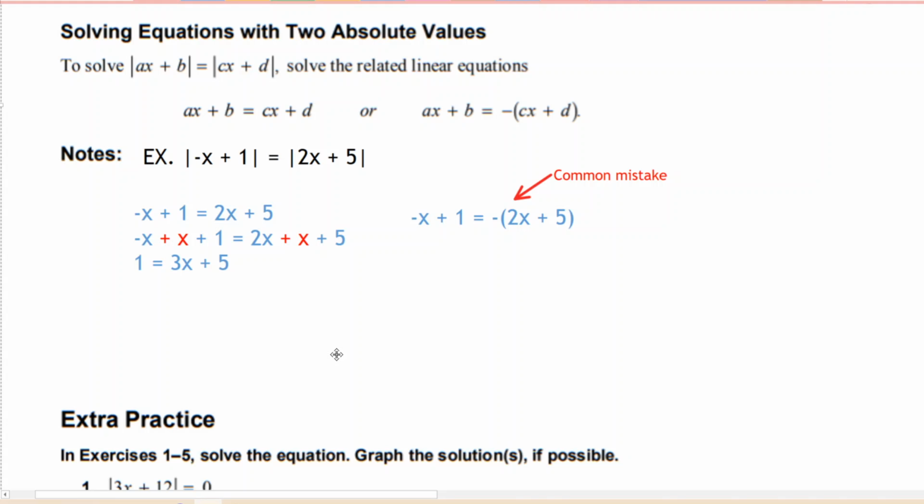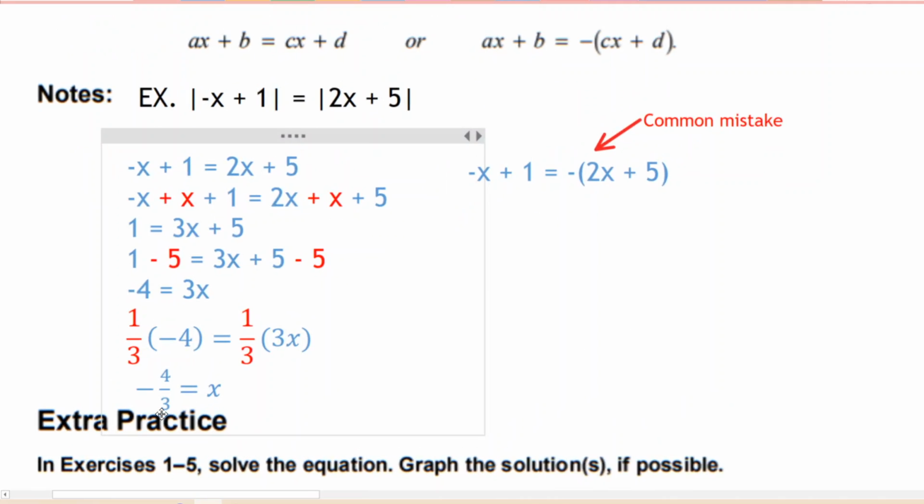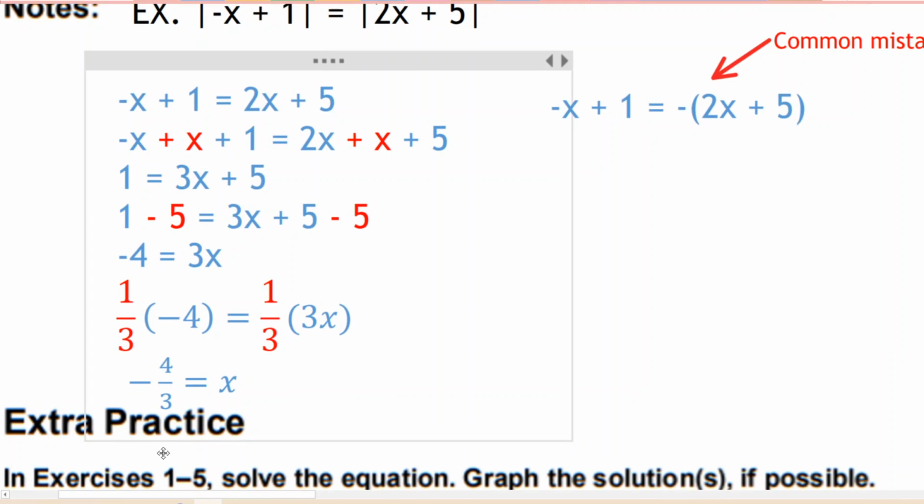Then I'm going to subtract 5 from both sides. That gets us to negative 4 equals 3x. Now the coefficient here is 3, so we're going to divide both sides by 3. And that gets us to our first solution, where x equals negative 4/3.